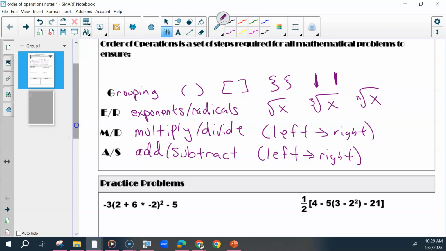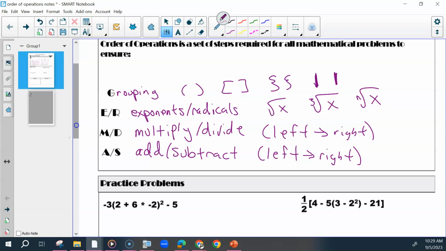Remember, if you're going to do this: grouping, the next one is radical, then multiplying and dividing, then adding and subtracting. Now, some of that might get mixed, like if you're doing grouping, but there are addition, subtraction, or multiplying and dividing inside of the grouping, you may have to do that. I want you to try a couple of these by hand. You can talk to the people around you, see if you've got the same thing. You can use your calculator.